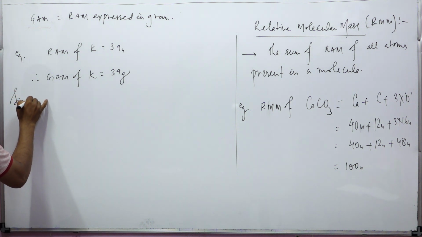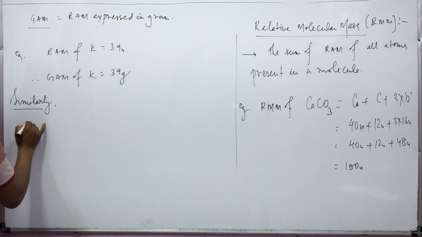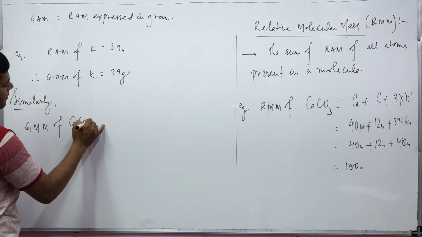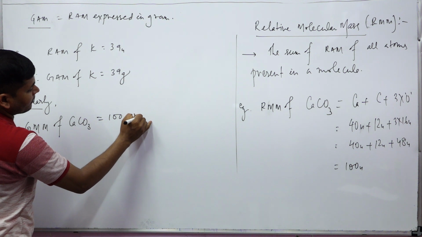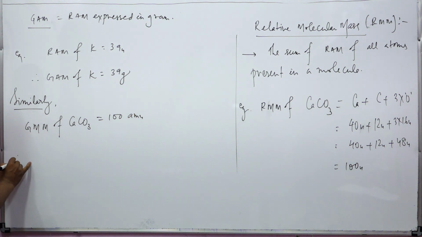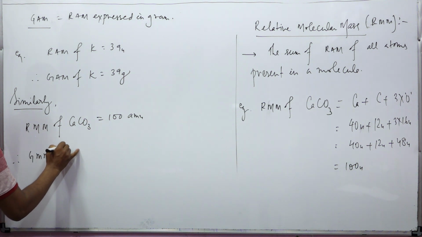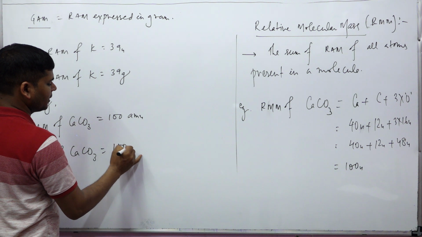Similarly, gram molecular mass of calcium carbonate is, let us say, 100 AMU. Therefore, relative molecular mass is 100 AMU. Therefore, gram molecular mass of CaCO3 will be 100 gram.